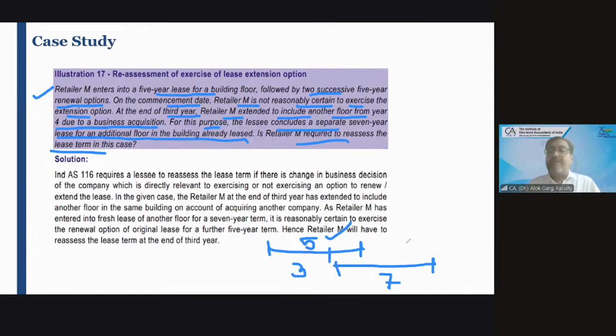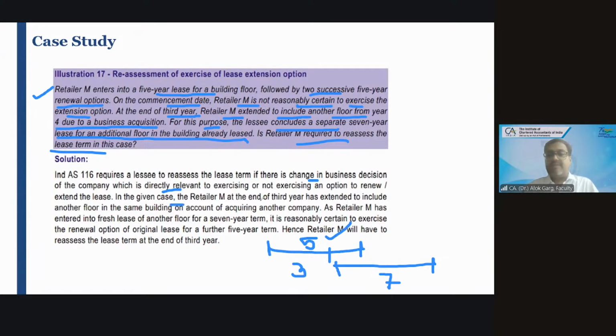The retailer M is going to avail at least the first renewal option. This lessee is going to avail the first renewal option. So 116 requires the lessee to reassess the lease term if there is a change in business decision of the company, which is directly relevant to exercising or not exercising an option to renew or extend the lease.